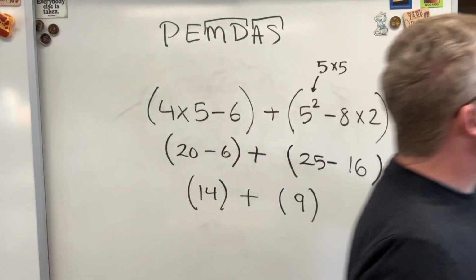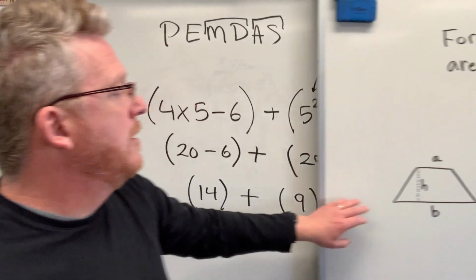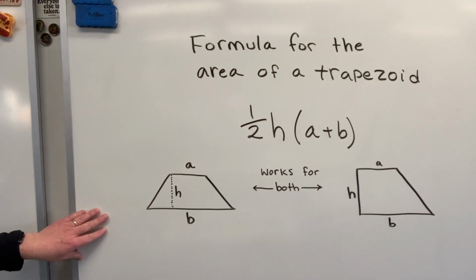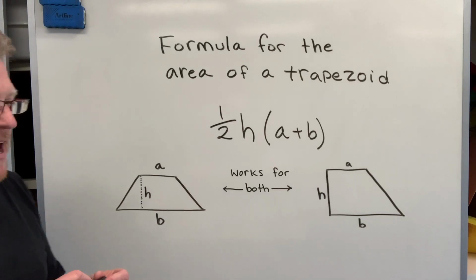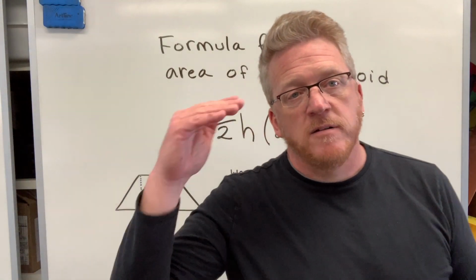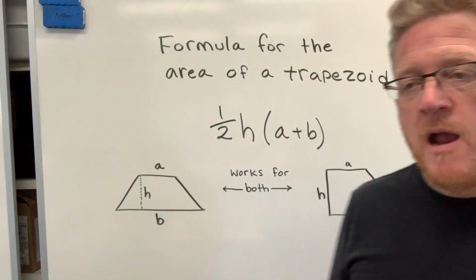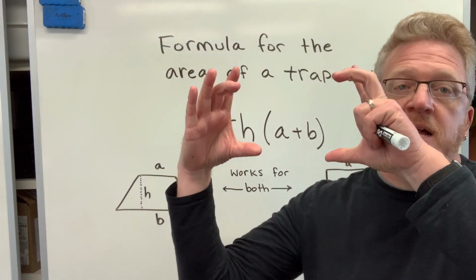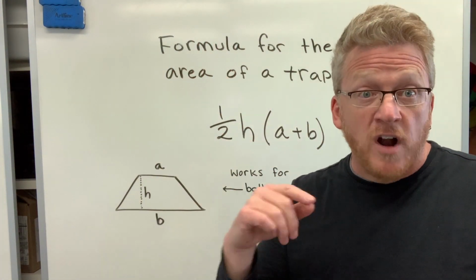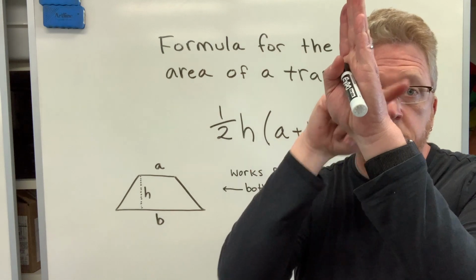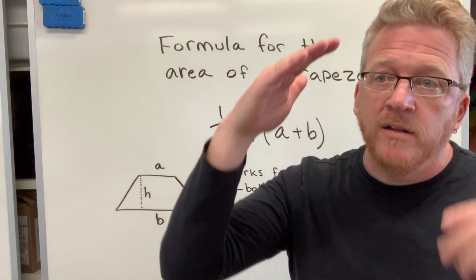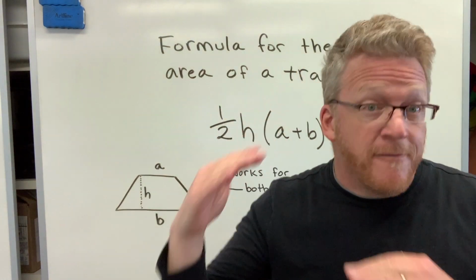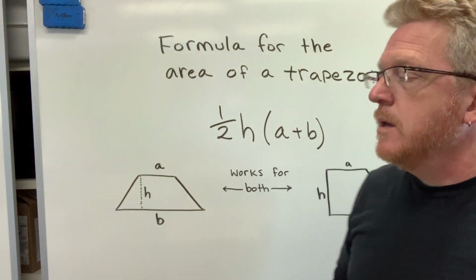All right, so now, remember how last week we were talking about the formula for the area of a rectangle? That was base times height. The area of a triangle was base times height divided by 2, because a triangle is like half of a rectangle or half of a square, right?